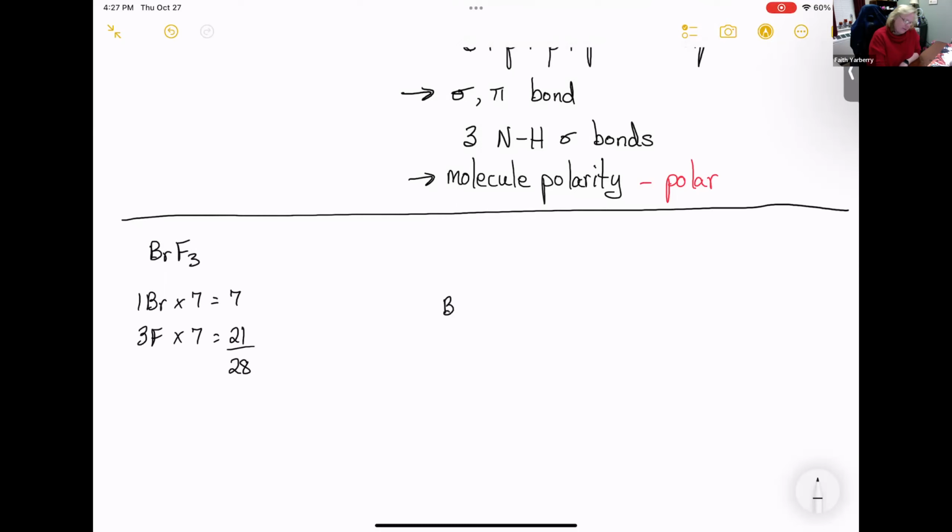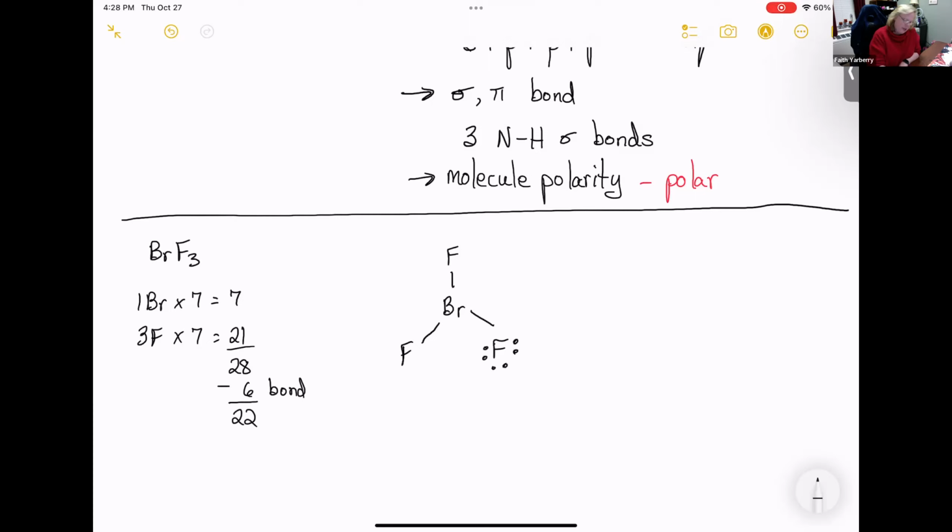Bromine is our central atom, around which we'll surround it with the fluorines. We're told to draw a single bond between the external atom and the central atom and subtract 2 for every bond we drew. We drew 3 bonds, 3 times 2 is 6, so we'll subtract out 6 electrons. We still have 22 left to go. We're told to give our outer atoms an octet.